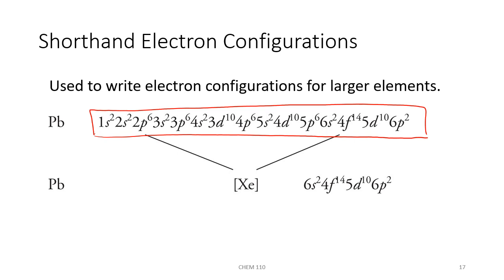And lead is in the 6th period, and it's in the p block. Z is number 82. So if we go back and we backtrack, the previous noble gas is xenon. So we put xenon in brackets. And then everything that represents the configuration of xenon, xenon would end with 5p6.